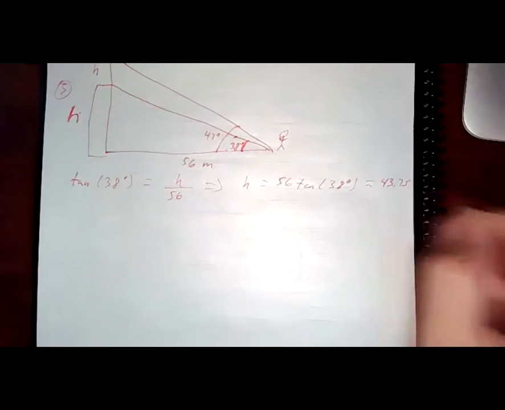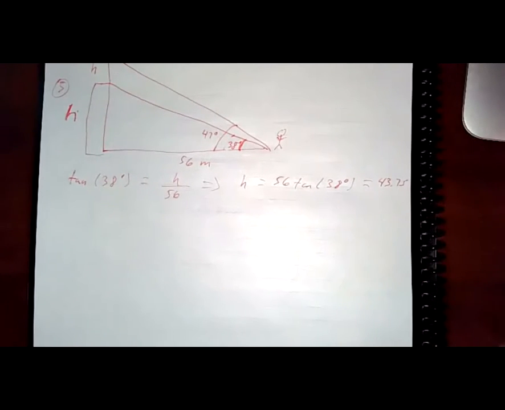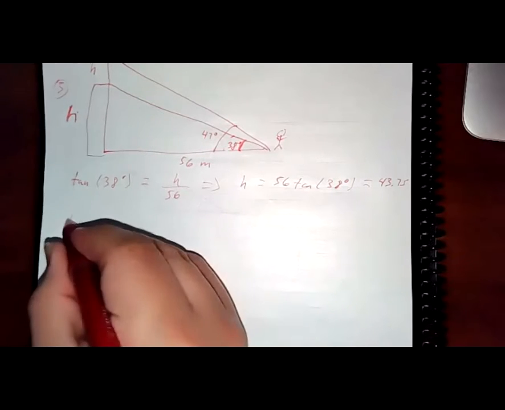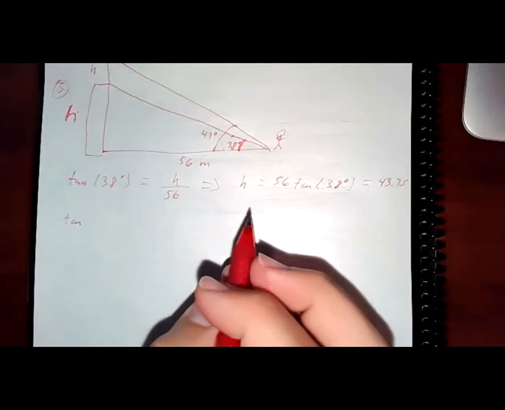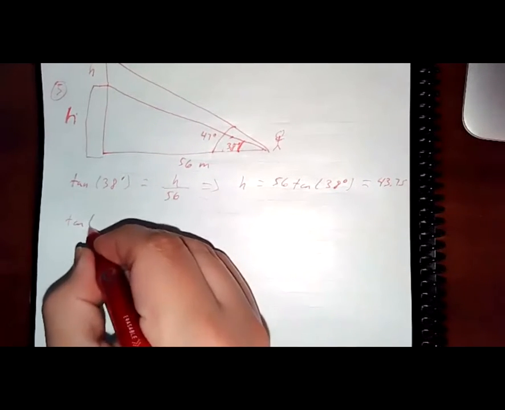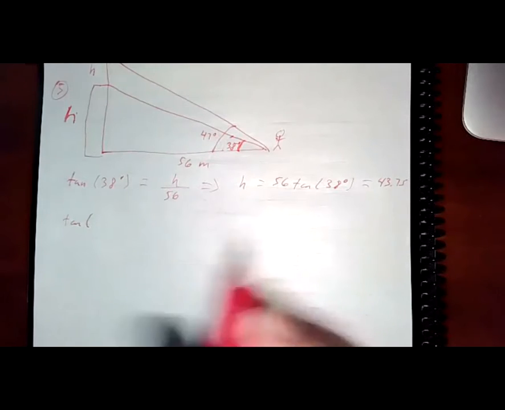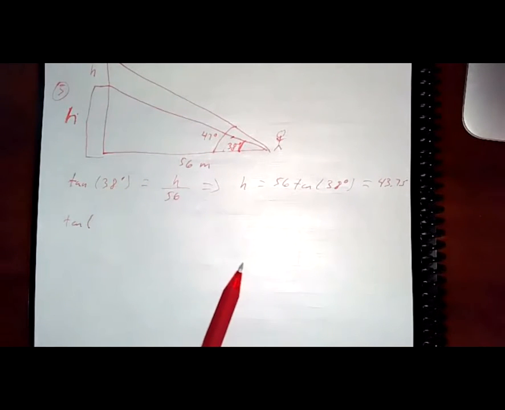43.75. Okay. So now we're going to do tangent of 47, which will give me the entire height. So this was H. I should probably call it something. Don't want to confuse you guys.